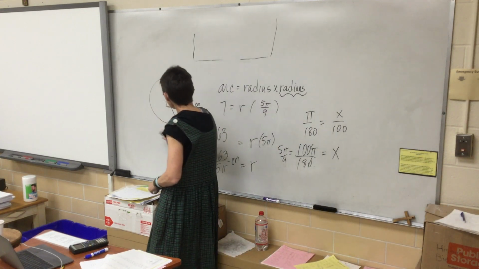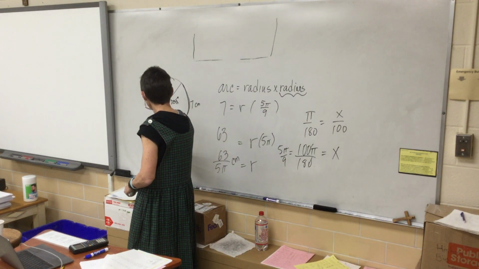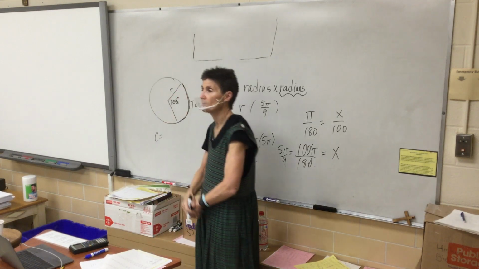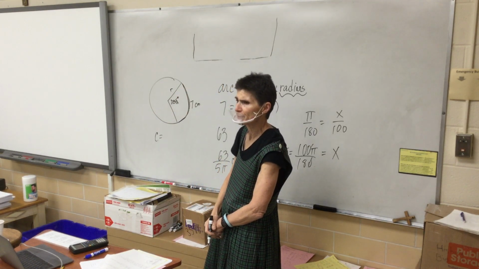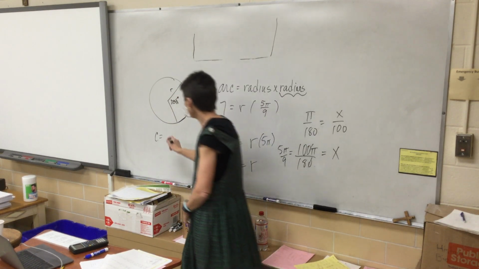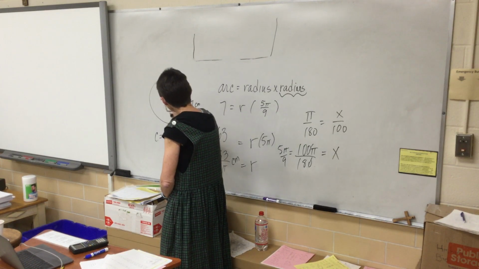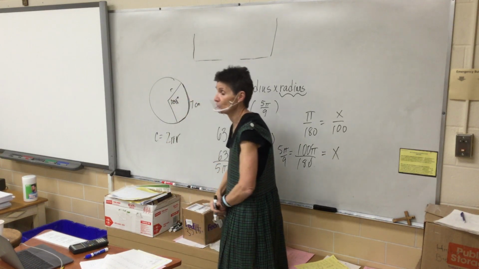What is the circumference of this whole circle? What's the formula for the circumference of a circle? Do you remember? 2 pi r. And since I don't know my r, that's the best I can do.